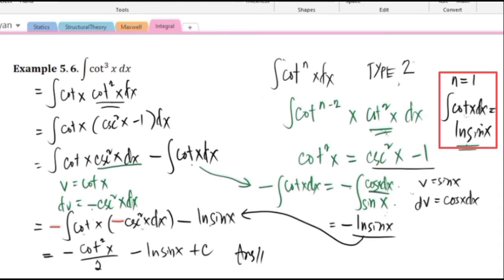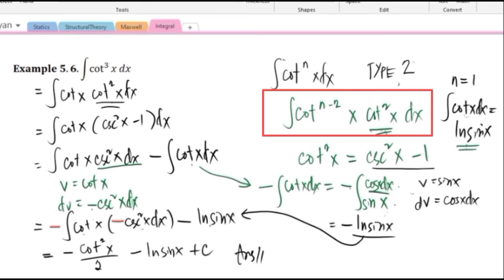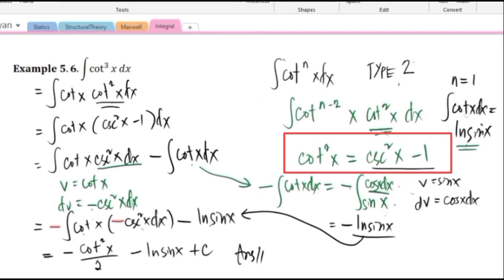But if n is greater than 1, we factor out the cotangent square x. So we have the cotangent raised to n minus 2 of x multiplied by cotangent square x dx. And then we will express the cotangent square x into cosecant square x minus 1.